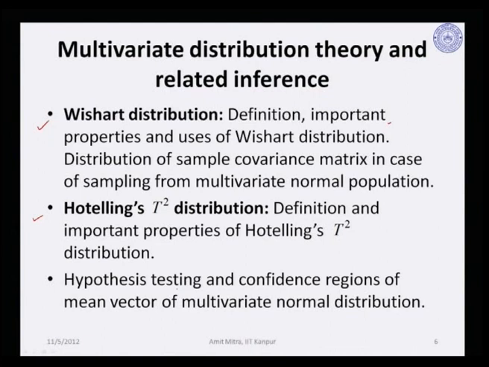Remember, when we have a univariate normal distribution and talk about hypothesis testing concerning the unknown mean of that population, we bring in the concept of Student's t distribution. The testing, in case mu is unknown and sigma square is unknown, is based on the univariate Student's t distribution. Confidence intervals and associated stuff in case of univariate distributions are once again based on Student's t distribution.